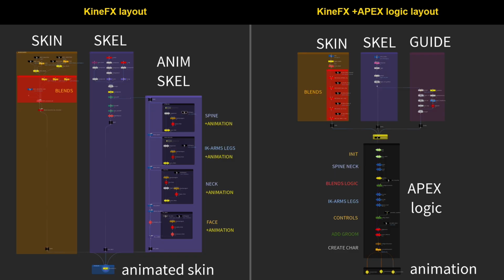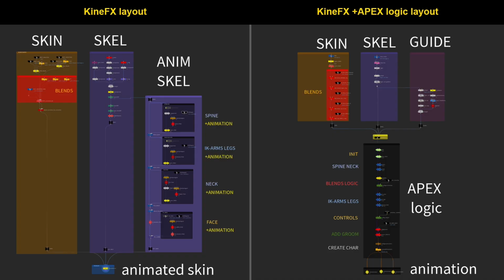So KineFX has these 3 columns that I already talked about: the skin layer, the skeleton layer, the animation layer. That's all you should memorize visually. As long as you work on the skin, you can do whatever with the skin. Here we'll do whatever with a skeleton, and at a certain point when your skeleton is ready, you go here, put some rules into it, IK, FK, you name it, and then go back here, feed everything into this, click it, and animation is ready.